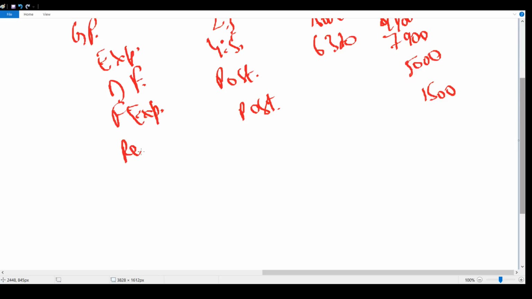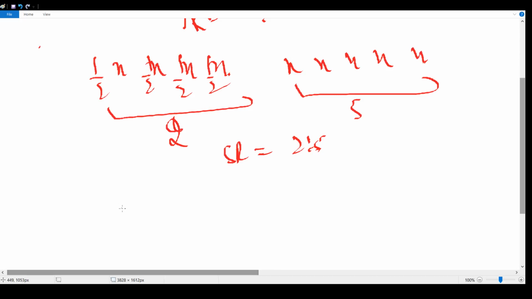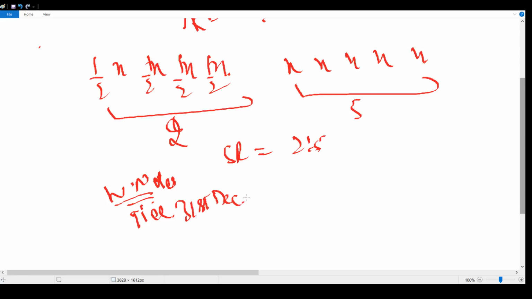Rent, working note. Till 31st December, it was rupees 1,200 per annum, so that means rupees 100 per month.